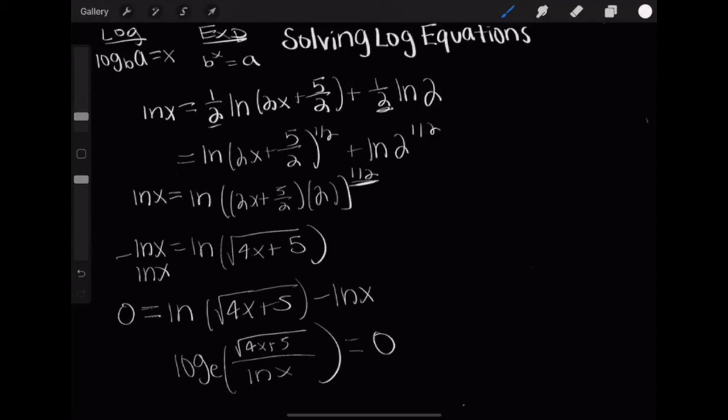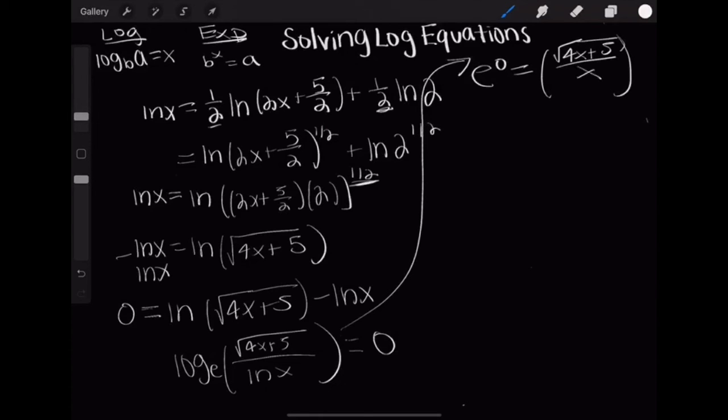So once we convert this, you will get e to the 0 and 4x plus 5 over x. So now we can take a look at this.